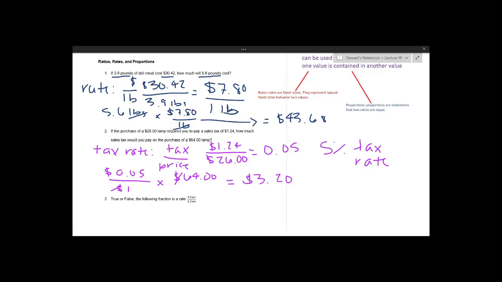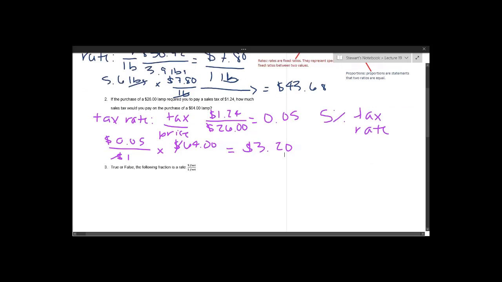If you wanted to be a little bit more accurate, it was like 4.76% ish, but it should be pretty safe to round here because that's normally how tax rates are. So with a 5% tax rate, or 5 cent tax per dollar, we'd spend around $3.20 in tax on the purchase of a $64 lamp.